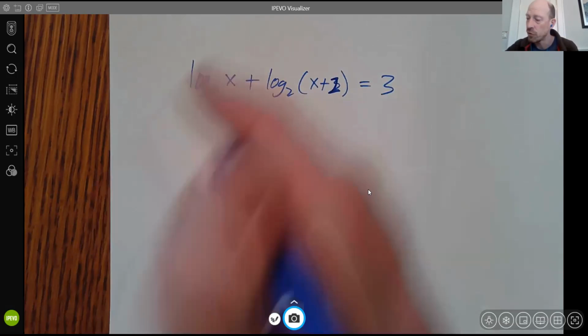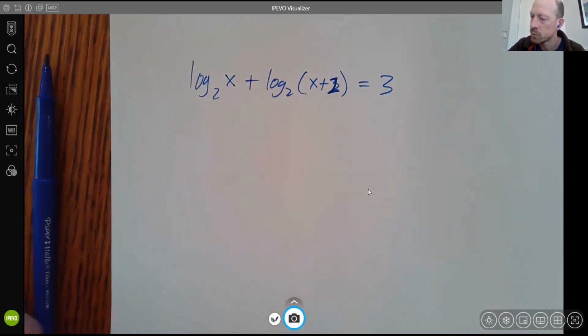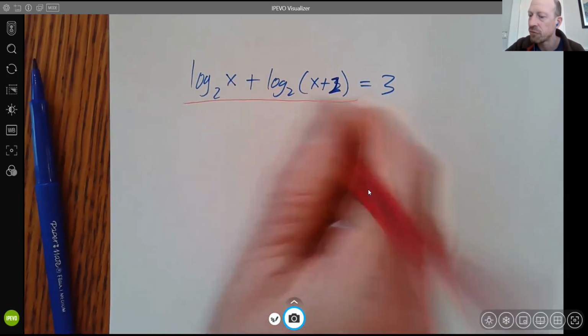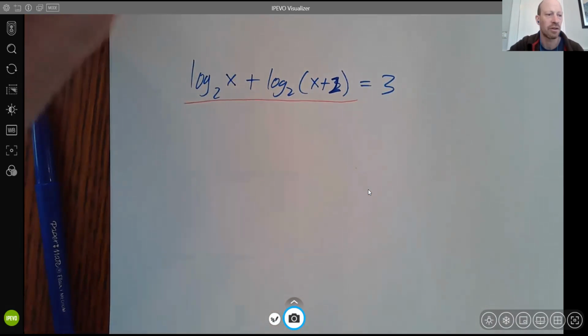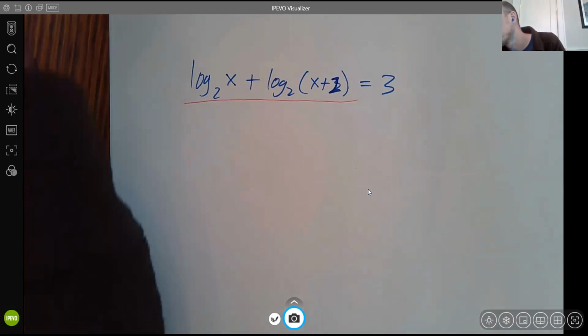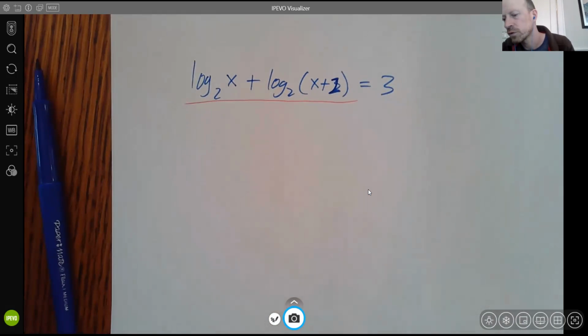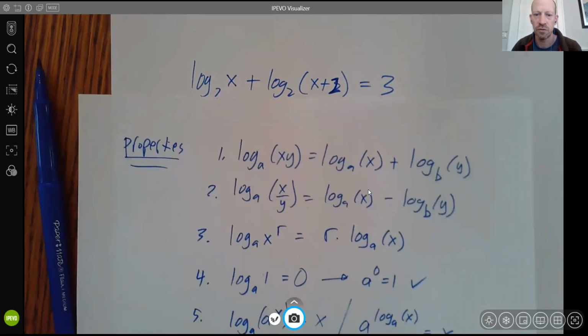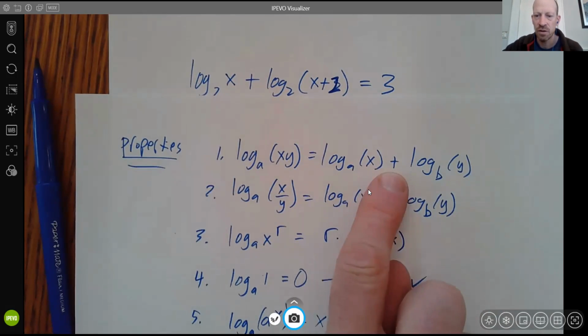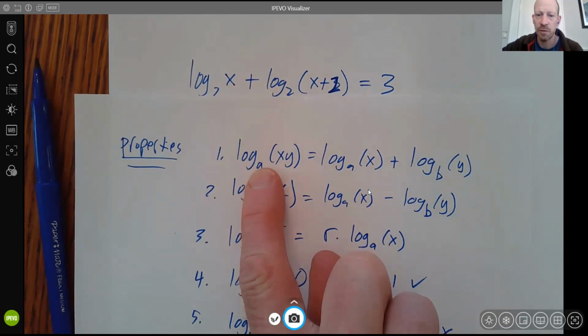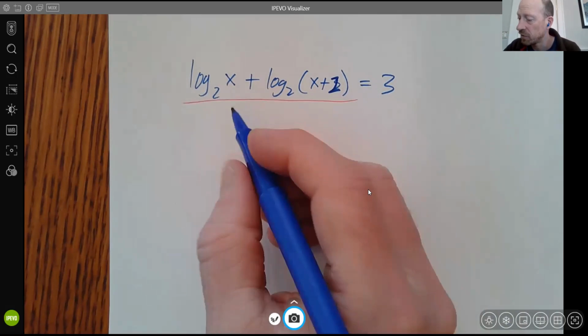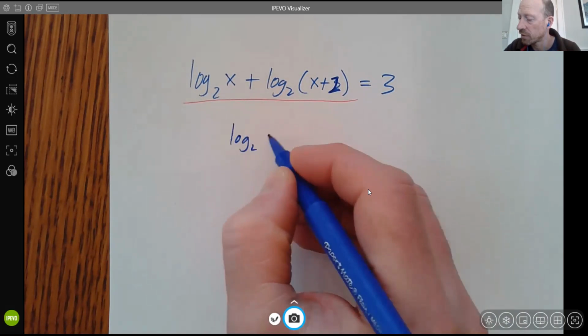What I can do is notice when I have 2 logarithms added together, I can write that as the logarithm of the product of those 2 things. That's nice because I can combine these 2 logarithms into a single logarithm.